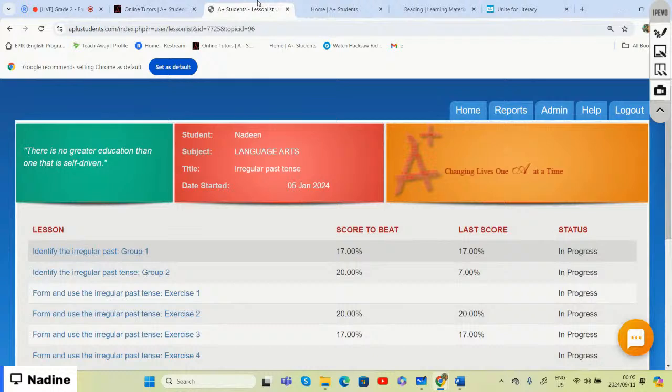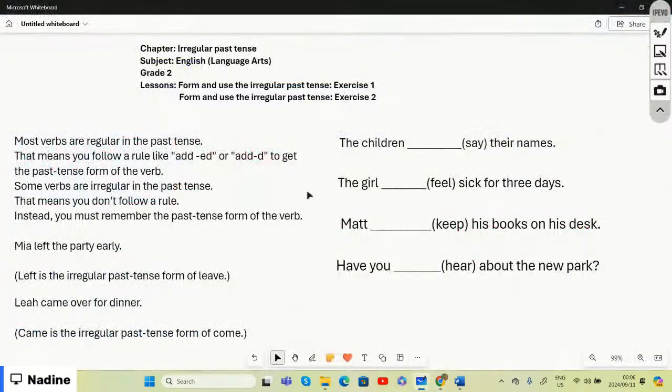In our previous lesson, we also did irregular past tense and we had to identify it. Now we are going to continue with irregular past tense, and in our next lesson, we're also going to continue with it.